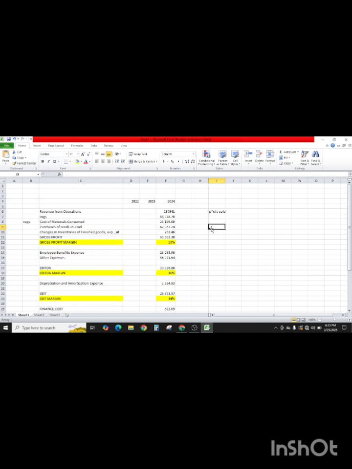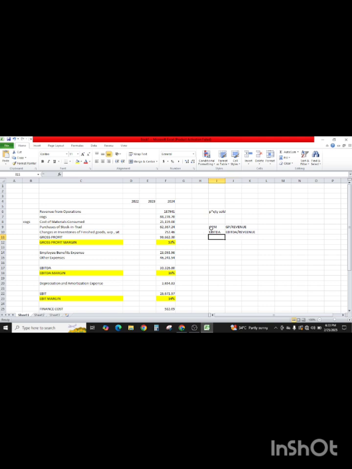So gross profit margin is equal to gross profit divided by revenue. EBITDA margin is equal to EBITDA divided by revenue.